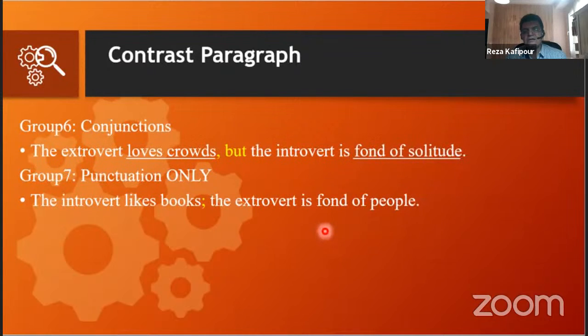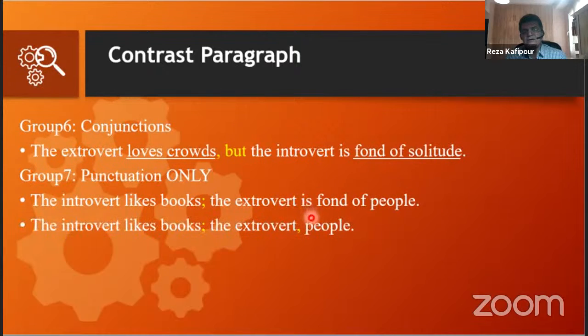As you see, we don't have anything between the two sentences except punctuation, the semicolon. Again, we may delete the similar part. For example, the introvert likes books; for the second one, we want to say the extrovert likes people. So the second "like" is omitted as a parallel and replaced by a comma: the extrovert, people, meaning the extrovert likes people.